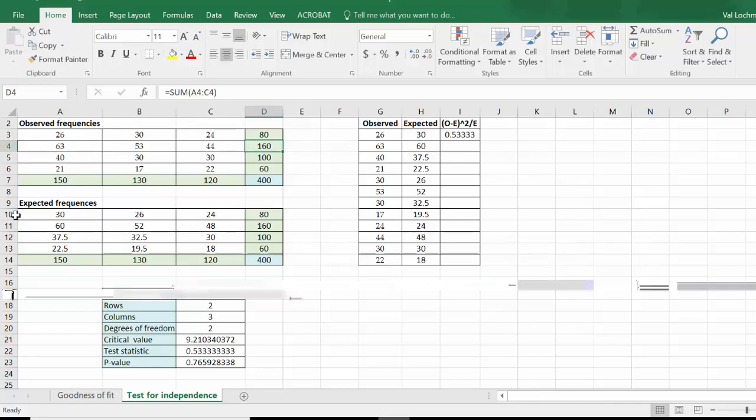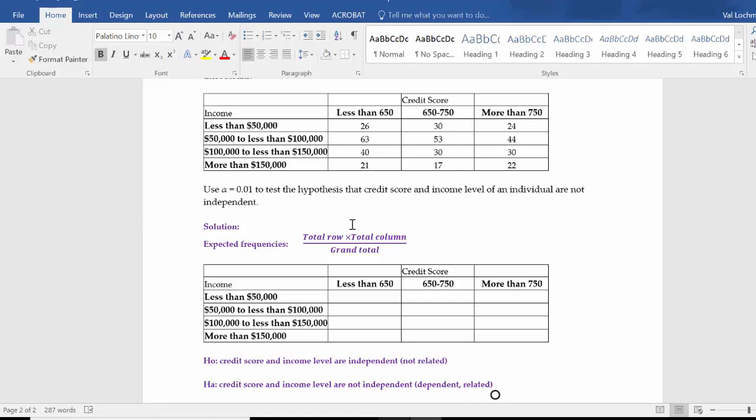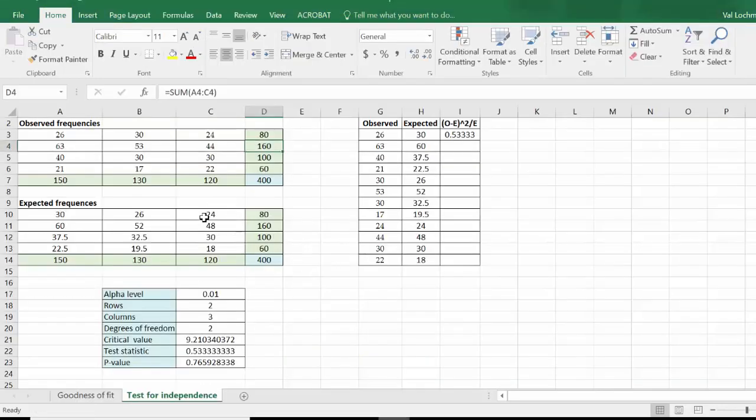Okay, I've also already computed expected frequencies, but let me go ahead and show you how it would be done. So the expected frequencies are computed by multiplying the total for the row times the total for the column, and then divide by the entire total, grand total. Okay, so to save some time, I already have them computed here, but let's just delete one of them. So let's say this one is gone. So how would I compute this value?